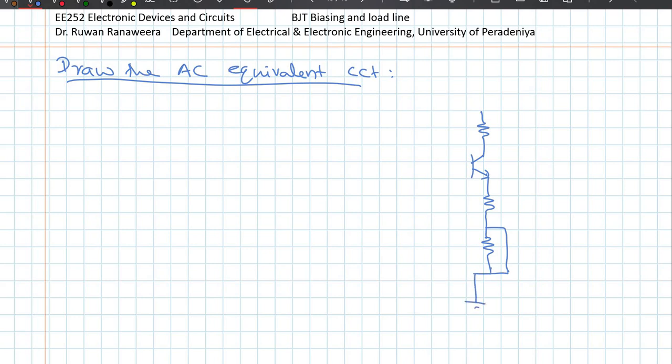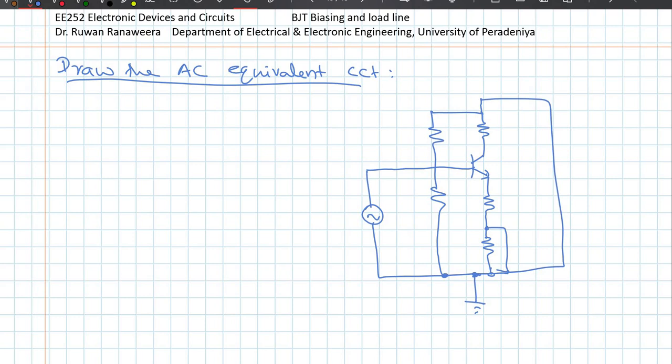Okay, so that's my ground, and you have the bias circuit, and a short circuit here again, and you have the source. And also the DC voltage source has to be short circuited, replaced by its internal resistance. So this is basically what you have.